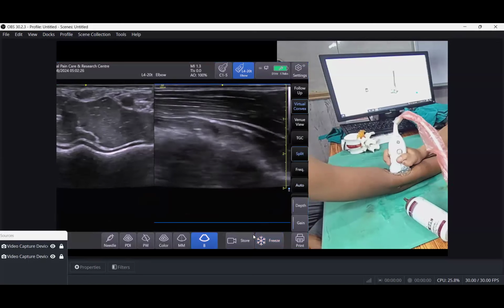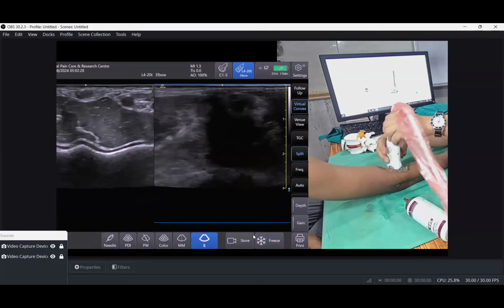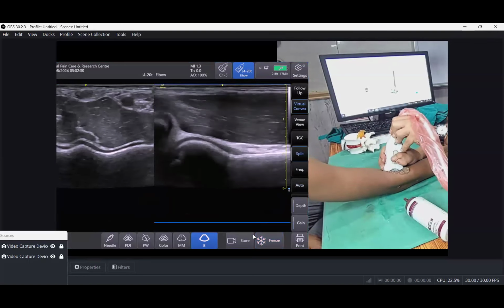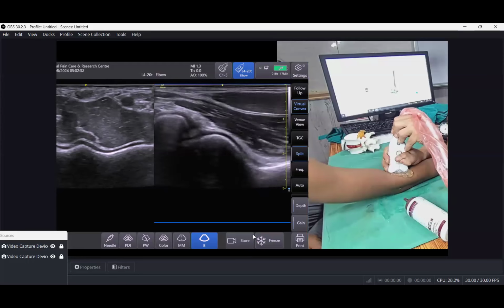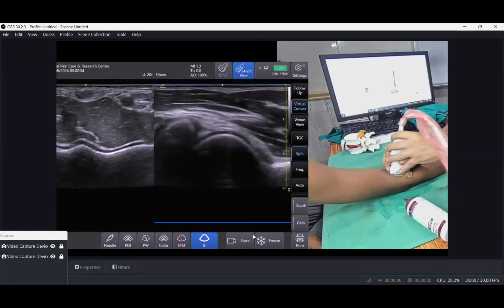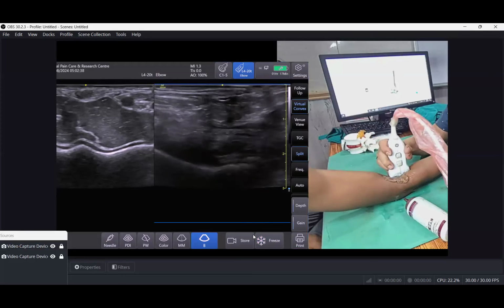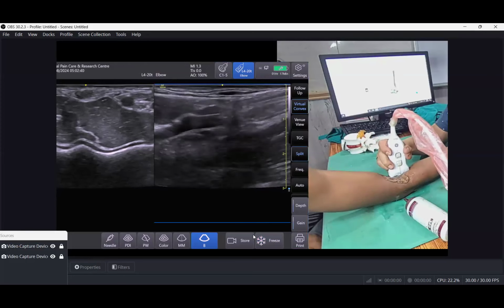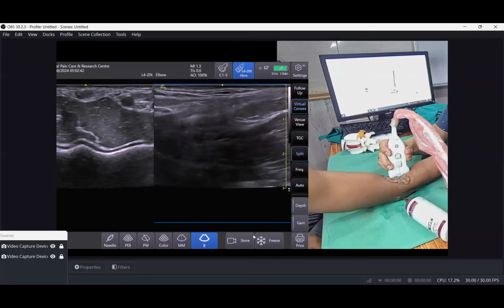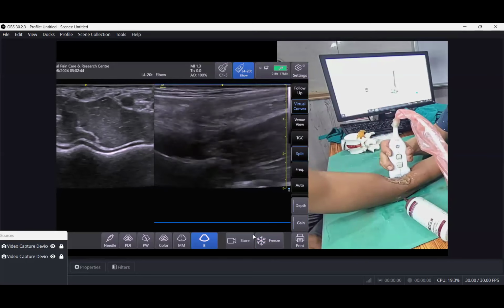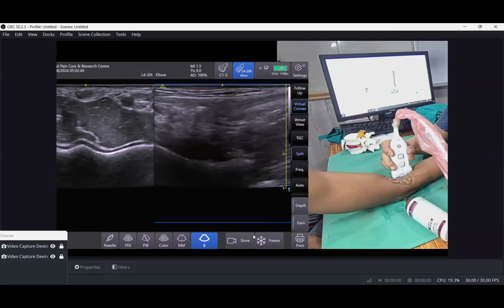So I'm showing you in both views, long axis and short axis, so that you can correlate very nicely.